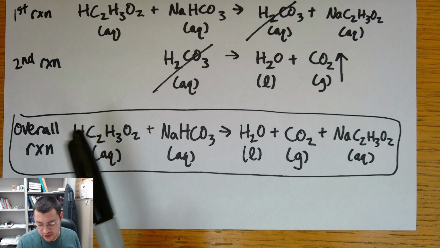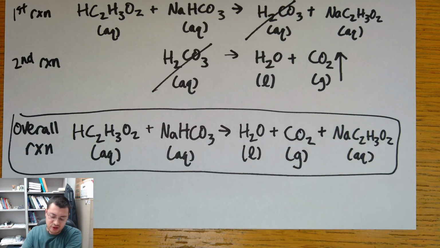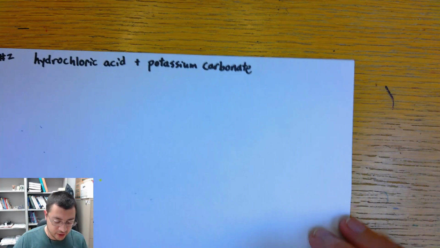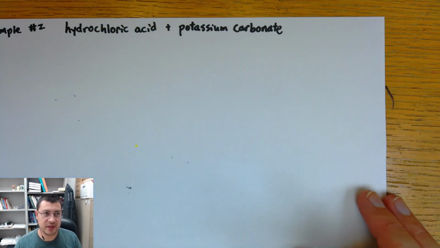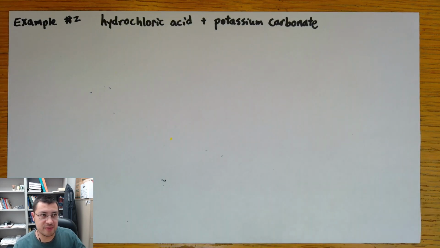Okay, vinegar, baking soda, water, carbon dioxide, sodium acetate, salt and vinegar seasoning for chips. All right, that was the first example. Let's do a second example. We're gonna do something similar, but let's work with a carbonate instead of a bicarbonate.